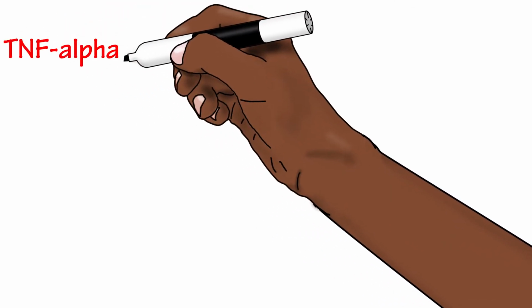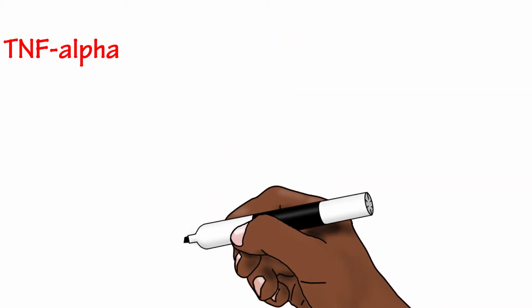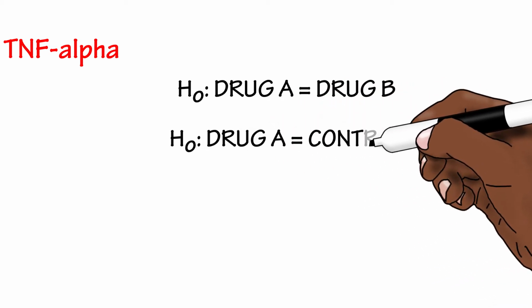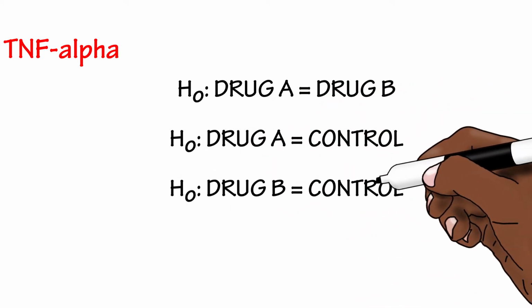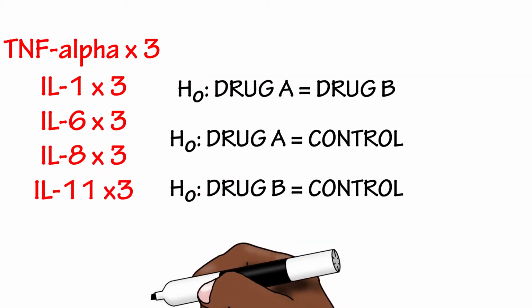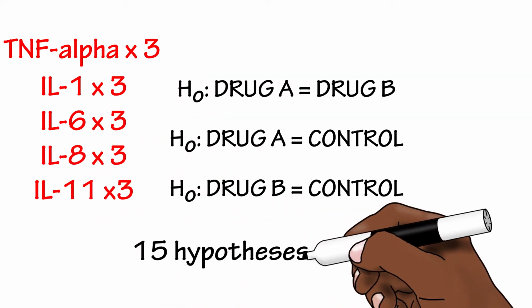For a single comparison, you have the 5% chance of a false positive that you mentioned. But within an outcome measurement, you have 3 pairwise comparisons: drug A versus drug B, drug A versus control, and drug B versus control. And you do that across the whole experiment for 5 outcomes for a total of 15 comparisons you are testing.